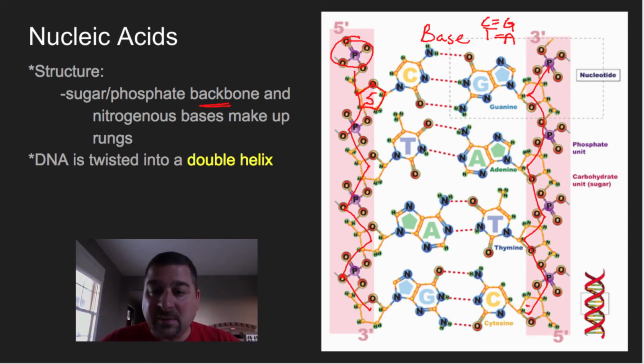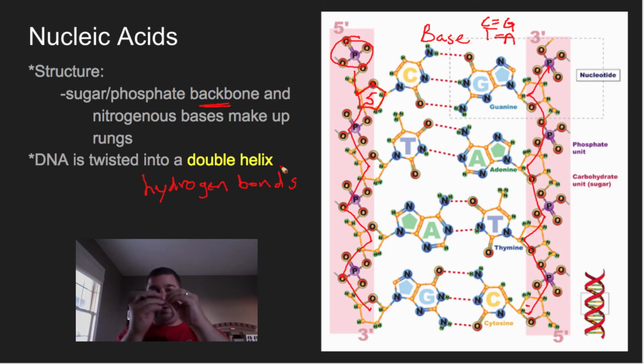And then right down the middle, where you see these dashed lines, these dashed lines are hydrogen bonds. Just like in proteins, when it starts to twist and coil and you get weak hydrogen bonds holding them together.